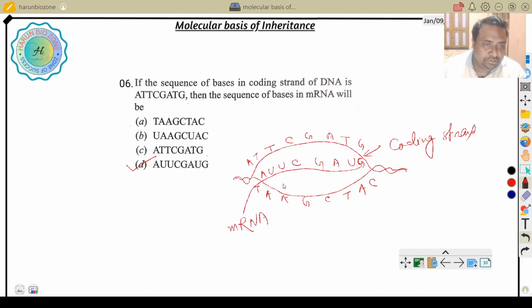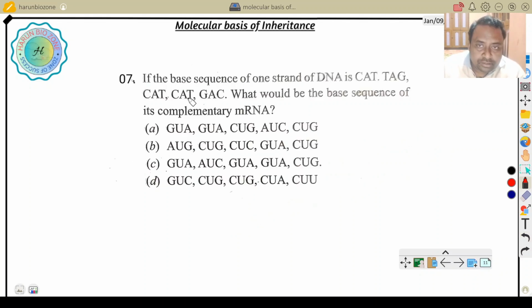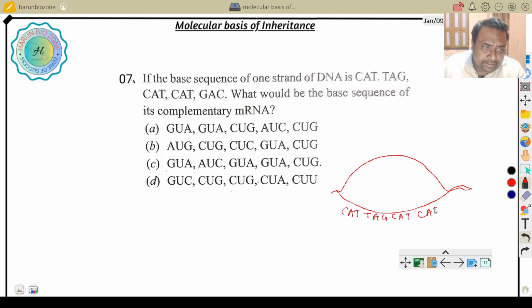Next to protein. Next question is, if the base sequence of one strand of DNA is CAT, TAG, CAT and GAC, what would be the base sequence of its complementary mRNA? Same type of question also. This is the transcription bubble. And if the DNA sequence is CAT, TAG, CAT and GAC, this is the sequence of DNA.